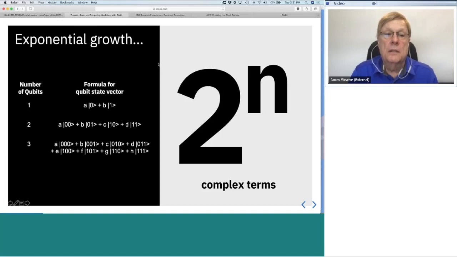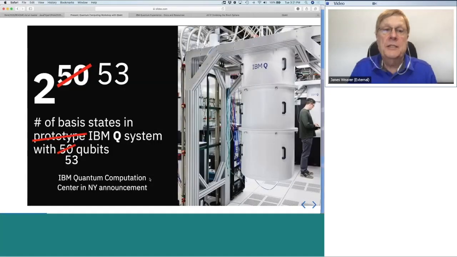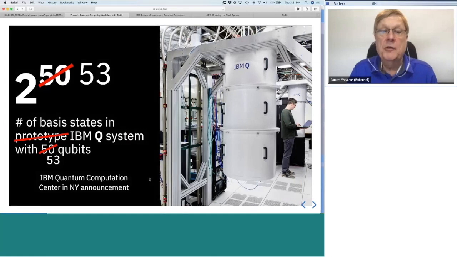If I had 10, it would take 1,024 complex numbers. And we get to where we break over into what you can't hold classically when you get to around 53 qubits, which is what we've got in our 53 qubit system. And we're continuing to improve upon that.